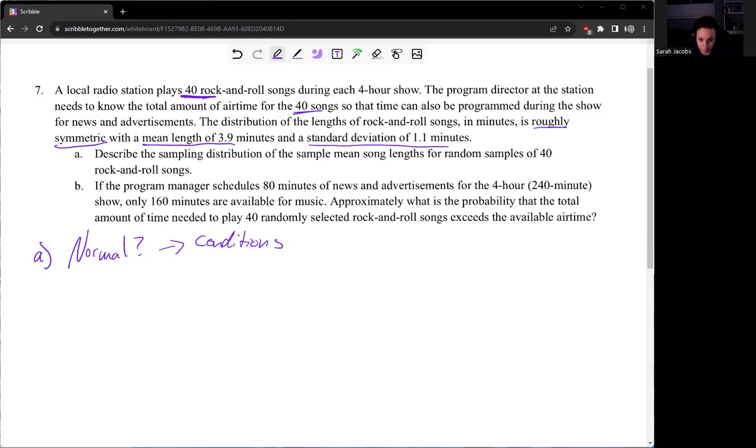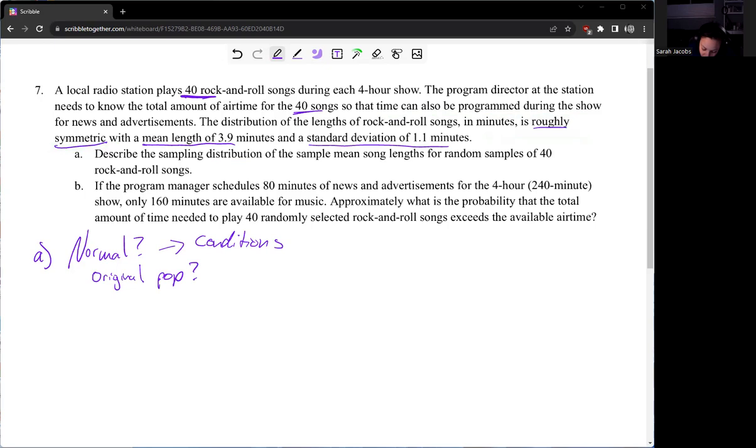So for means, we want to think about the original population. It says that the distribution is roughly symmetric and probably unimodal.